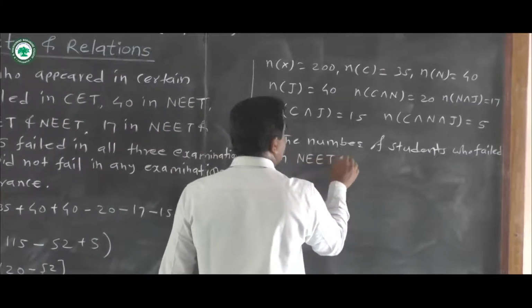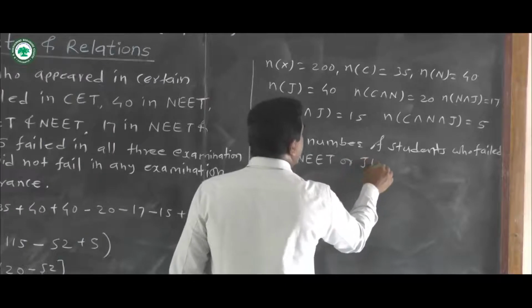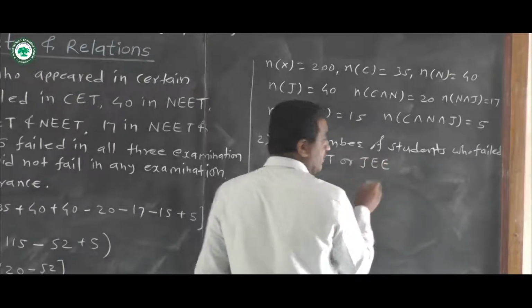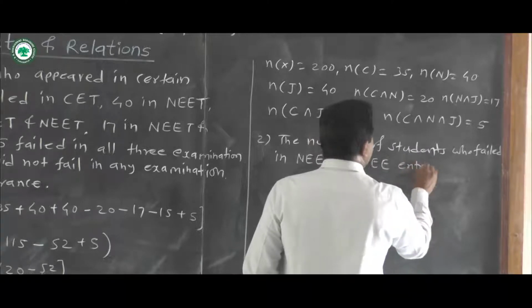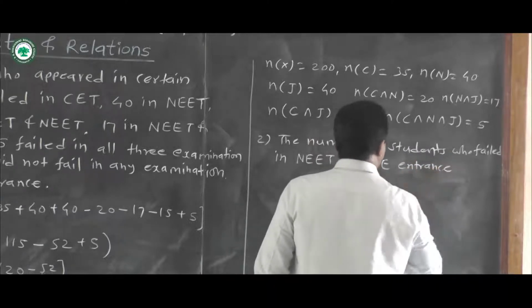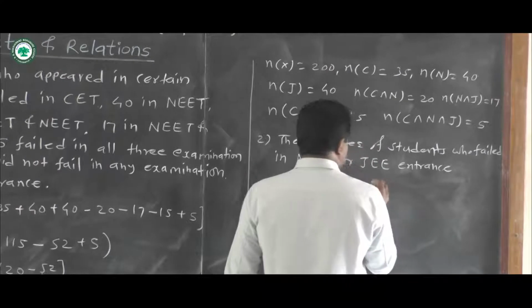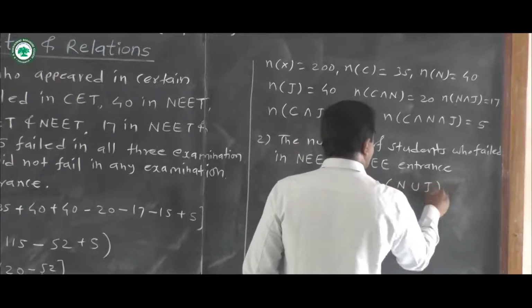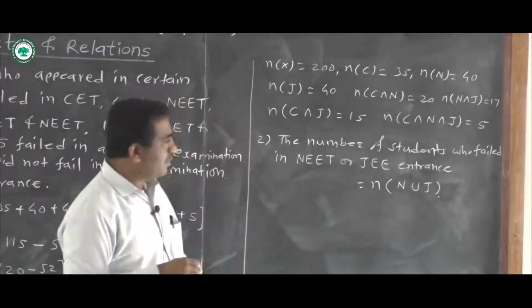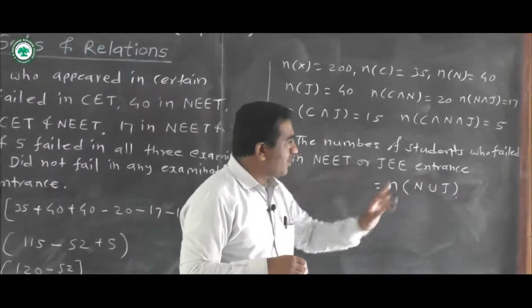The number of students who failed in NEET or JEE entrance examination is equal to the number of N union J. We have to find the value of the number of N union J.